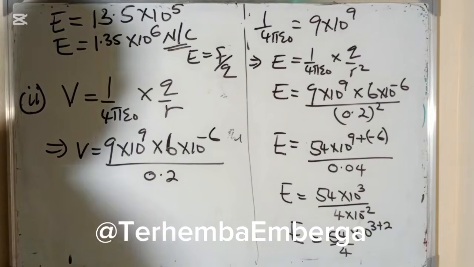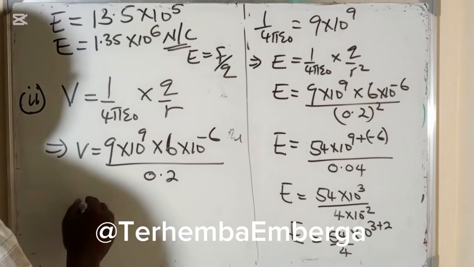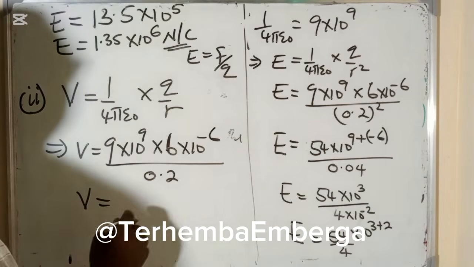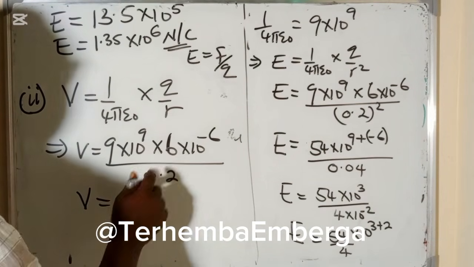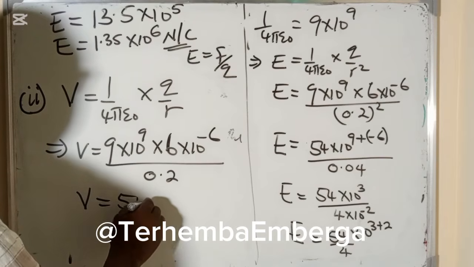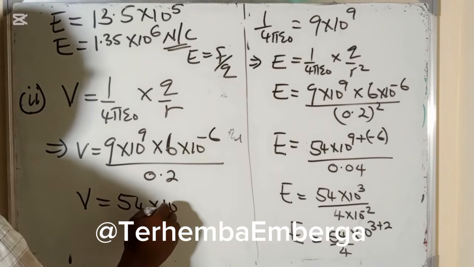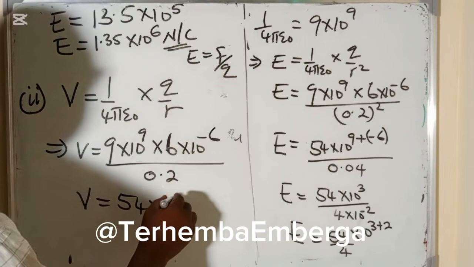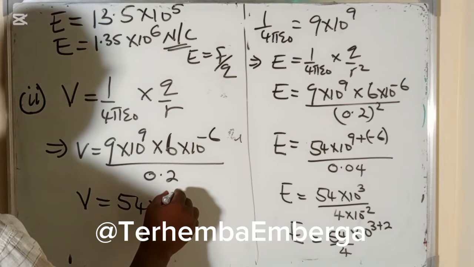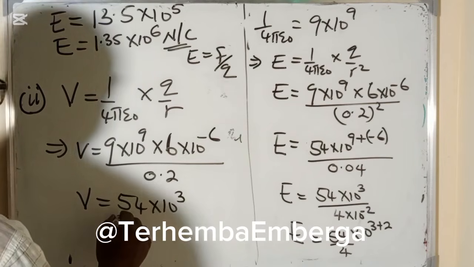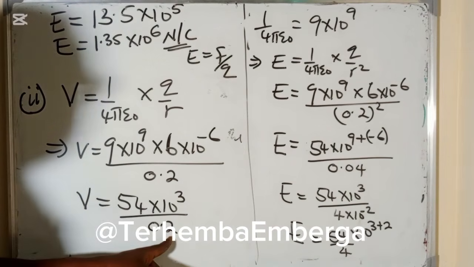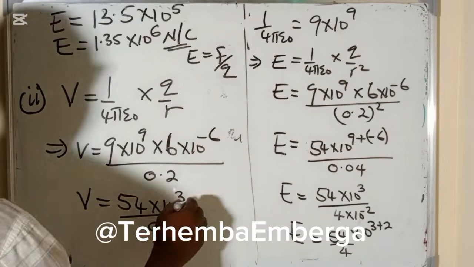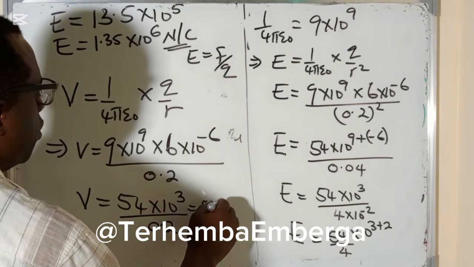So the same way we can do without the calculator. V now will be equal to, this time this is still 54 times 10 raised to power, if you add the powers, we now have 3, divided by 0.2.